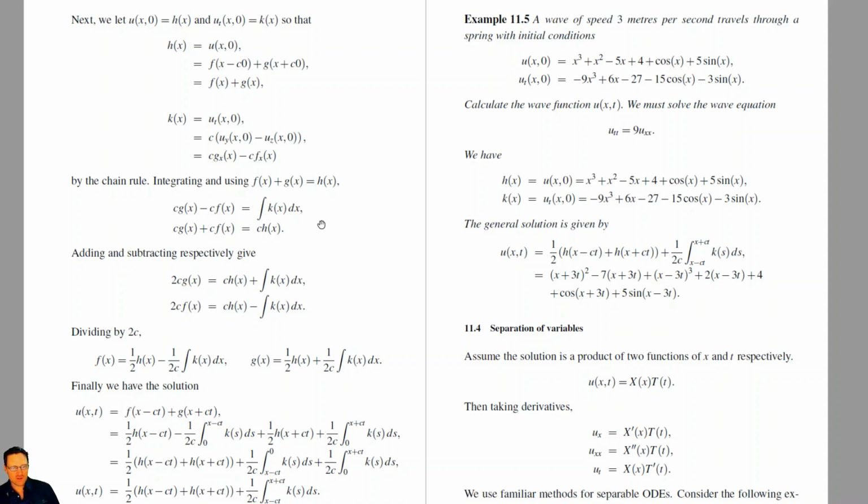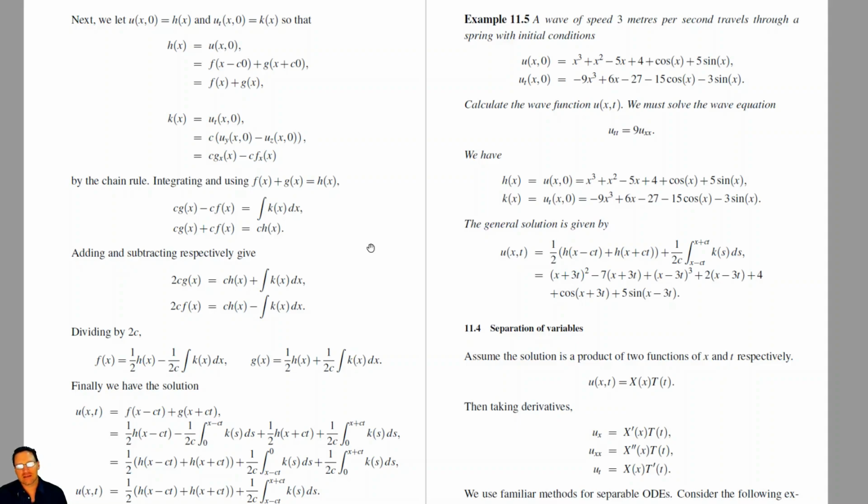Okay, so we've written those in a way that we can see that we can just plain add them. So adding those two equations and then subtracting them will make the other term vanish. So in the first case, adding gives us 2c g of x is c times h of x plus the integral of k of x with respect to x.